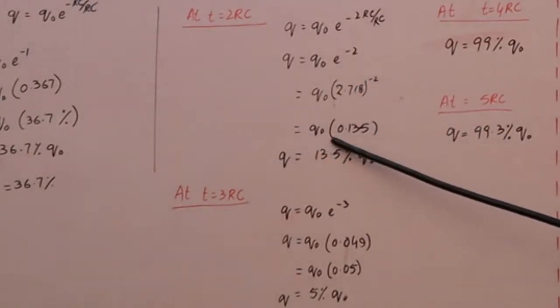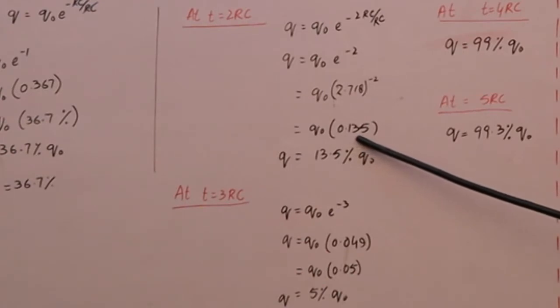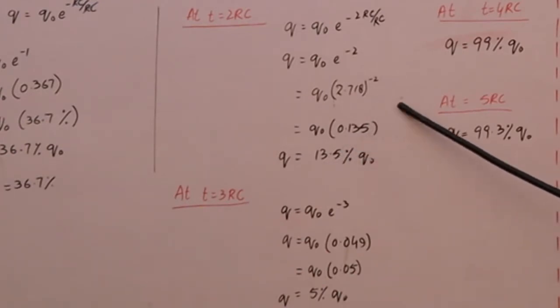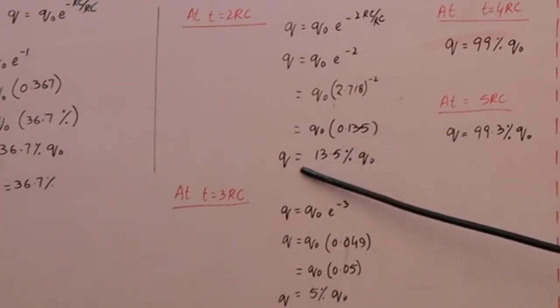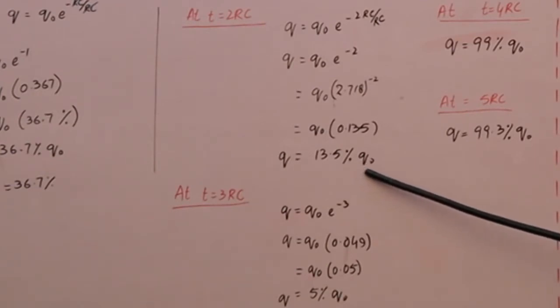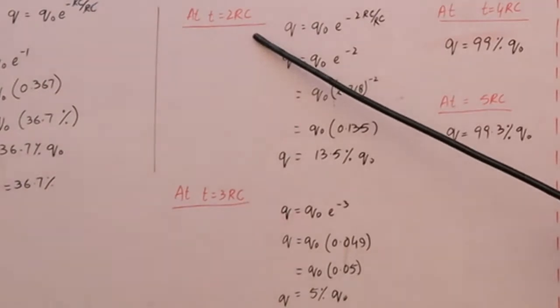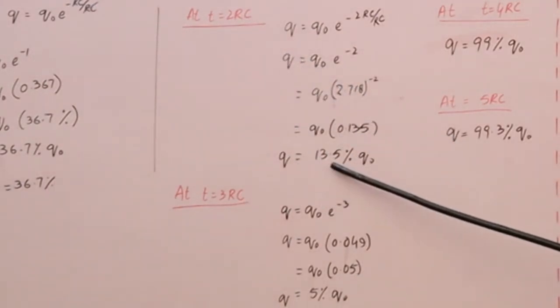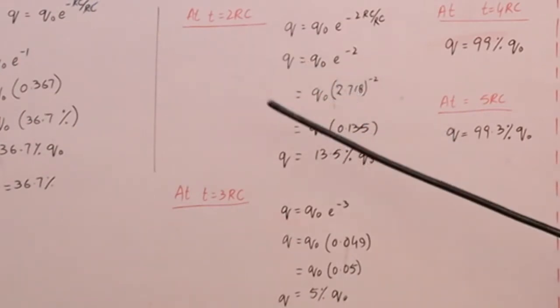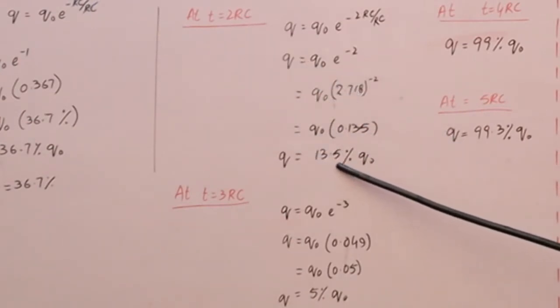From the calculator you will get Q naught into 0.135. Multiply and divide by 100, you will get 13.5% of Q naught. When two time constants are passed, the capacitor is having 13.5% of maximum charge.